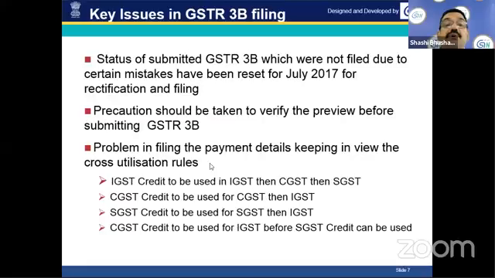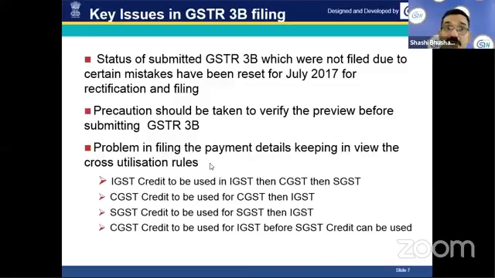The IGST credit, we all know, can be cross-utilized for paying CGST and SGST liability. But the rule is that first you have to pay your IGST liability, and after full discharge of that liability using the IGST credit, only then can you use the excess amount for paying CGST and then SGST liability. This is the order in which cross-utilization of IGST credit has to be done.